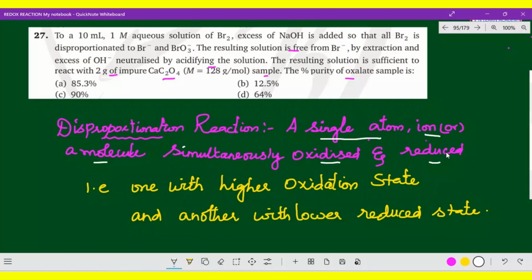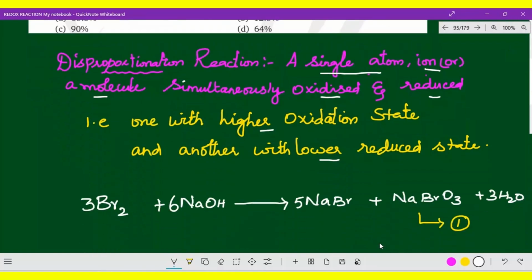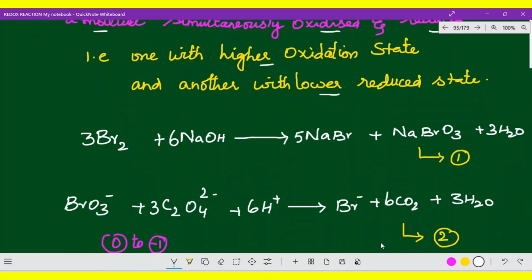So it is oxidized and reduced, one to a higher oxidation state and another to a lower, reduced state. Now in this question they mentioned bromine combined with basic sodium hydroxide, and you will get Na plus Br minus, and in the same way Na plus BrO3 minus, right?